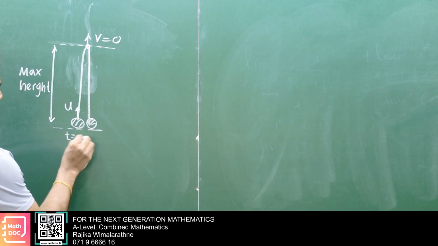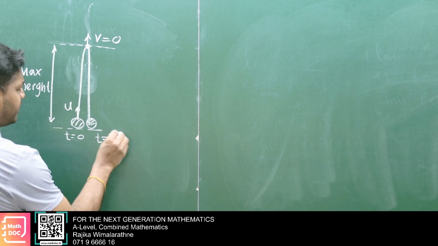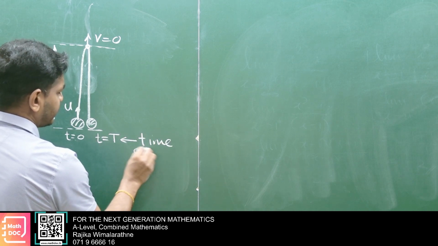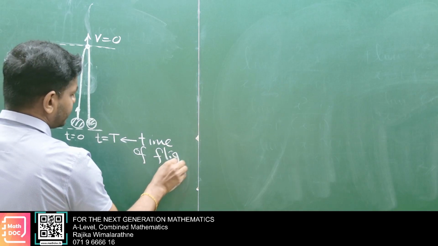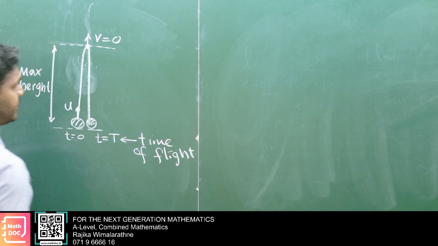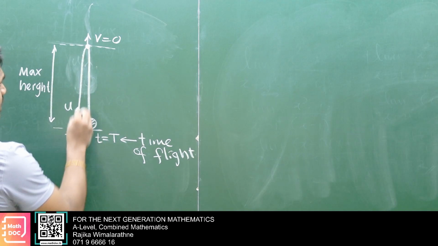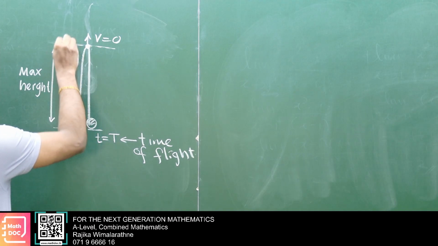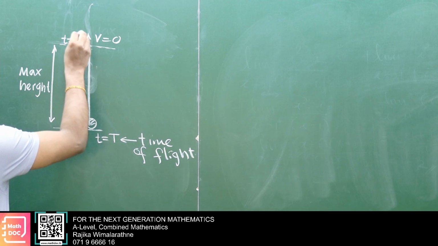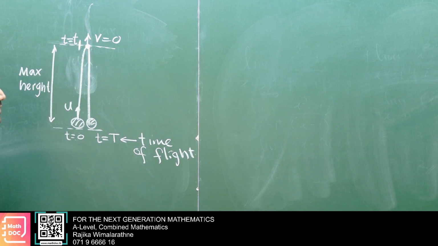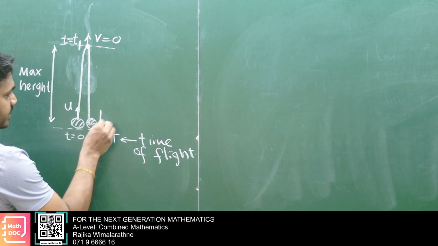Here t equals 0, here t equals capital T, we call time of flight. Here let's take this time t equals simple t1. At the maximum height, t equals simple t1. So I'll take here downward velocity v.